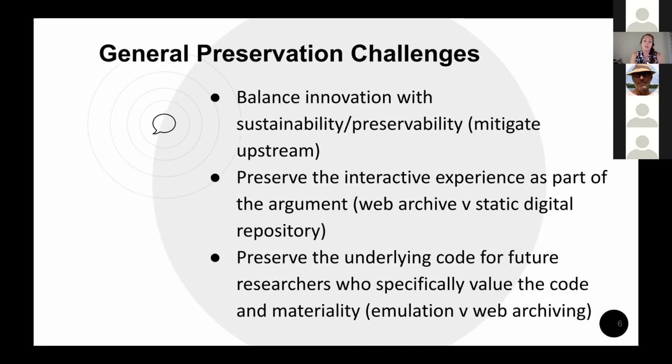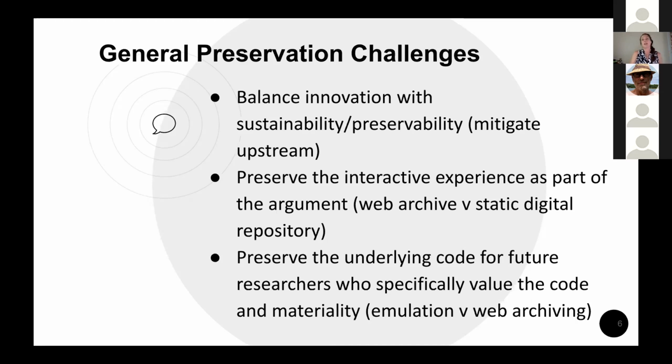So to that end, we end up having to use the tools that we have now to preserve what exists. We want to preserve the interactive experience as part of the argument. So we're exploring further into web archiving and emulation, even while we're also just preserving the bits in a digital repository. We also want, though, to preserve the underlying code for future researchers who specifically value that as part of the materiality of the research that's being presented.